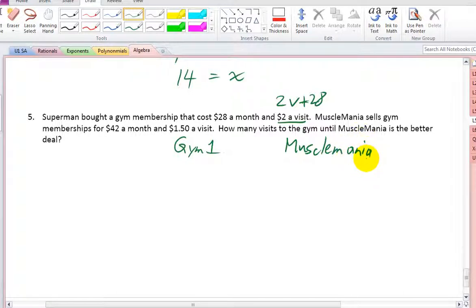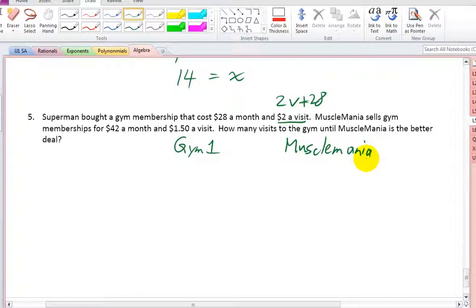Right? Read the question, please. How many visits to the gym until Muscle Mania is the better deal? Better deal. We got to analyze that. What do they mean by better deal? Yep. That it costs less to go to Muscle Mania. It costs less.